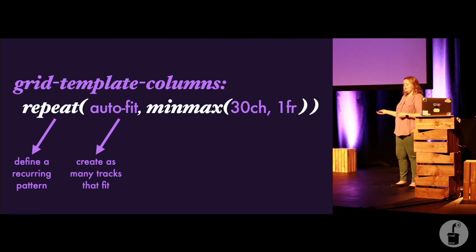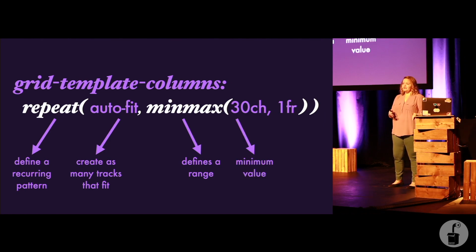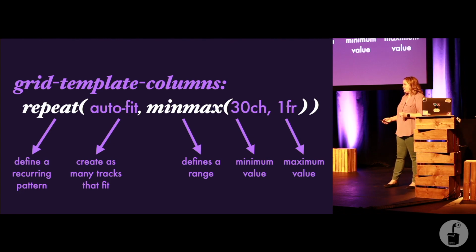Sometimes you'll use an absolute unit with repeat, like 3, but this allows us to have auto behavior of the sizing. And those will be sized according to the next part of the definition, and in this case, we're using the function min-max, which defines a range of values that will be used to compute the grid track size. The first value is the minimum allowed size, and the second value is the largest allowed size.